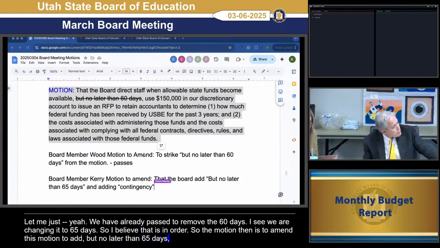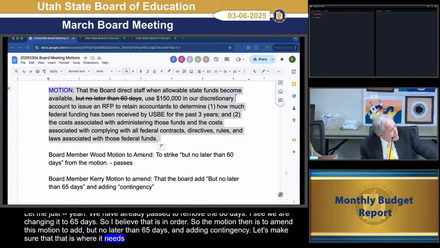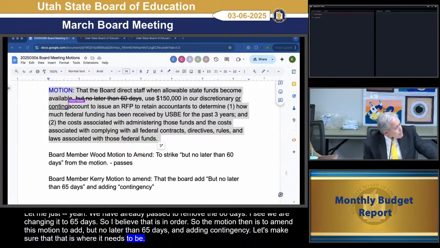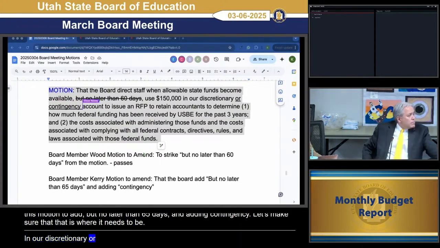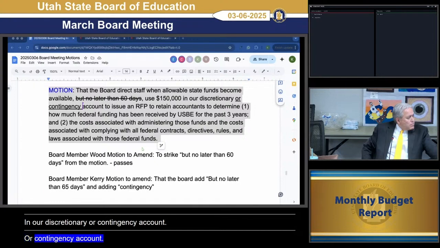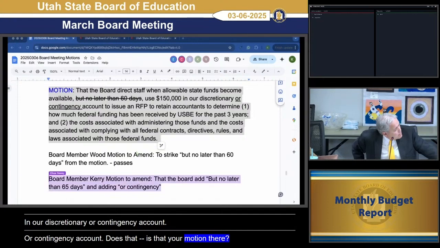Let's make sure that that's where it needs to be. Where would contingency go? In our discretionary or contingency account. Or contingency account. Is that your motion there? Does that work? Yes. Do we have a second?